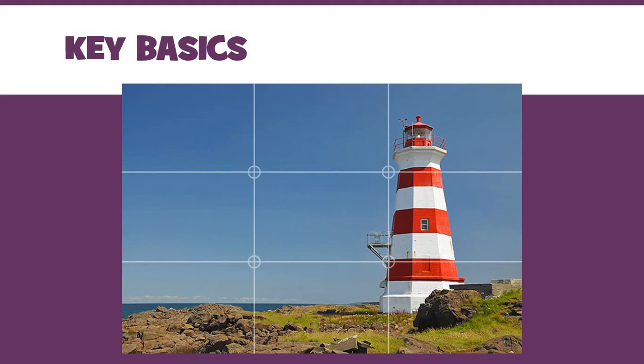If you notice, this is a representation of the rule of thirds in the sense that the lighthouse is not in the dead center of the photograph. It is off to the side. And the lighthouse is the thing that your eye goes to first. It is the dominant subject of the photograph.